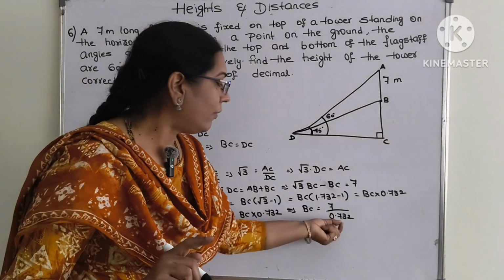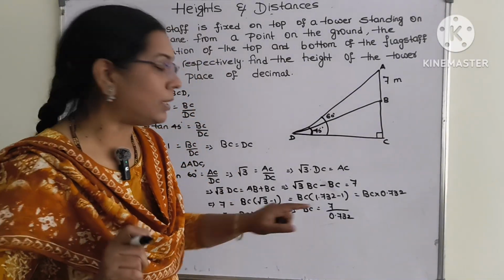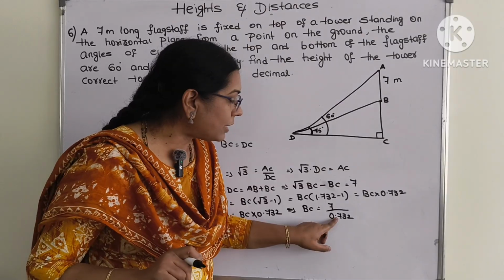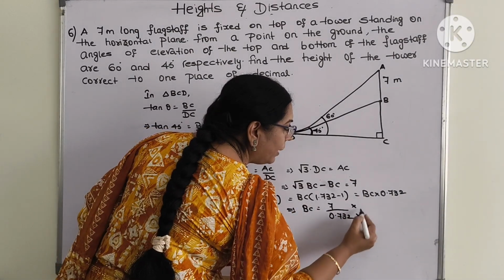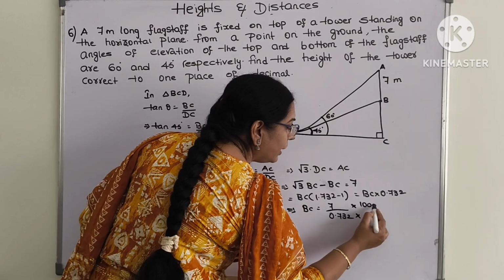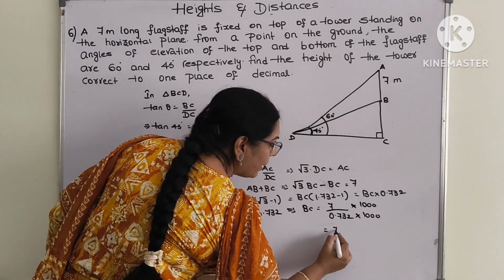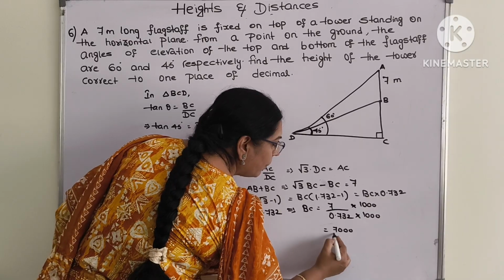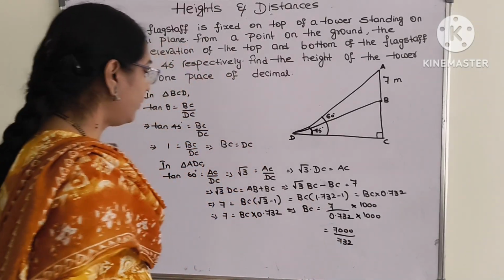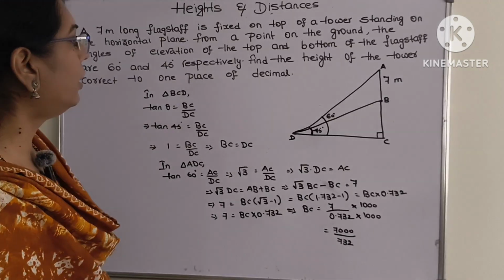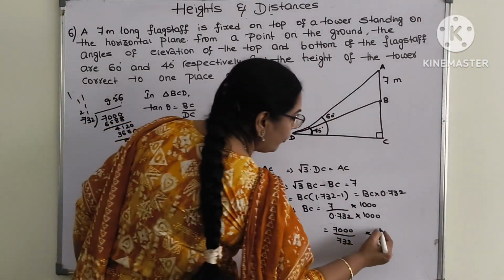The rule says that whenever there is a decimal number in the denominator, first remove the decimals. After the decimal there are 3 digits, so I will multiply both the numerator and denominator by 1000 to remove the decimal. So BC will become 7000 by 732. So basically BC is 9.56.